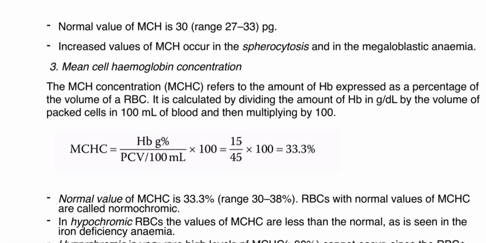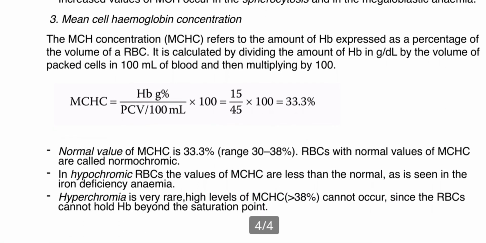Mean cell hemoglobin concentration. The MCH concentration, MCHC, refers to the amount of hemoglobin expressed as a percentage of the volume of RBC. So the amount of hemoglobin present in RBC is presented in the form of percentage.